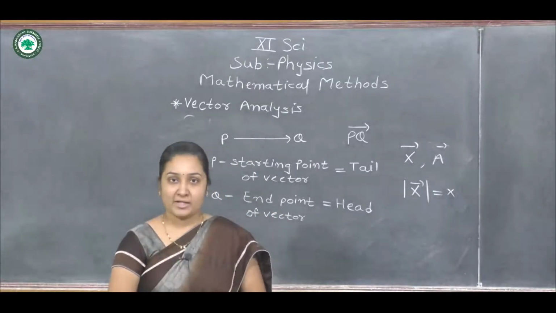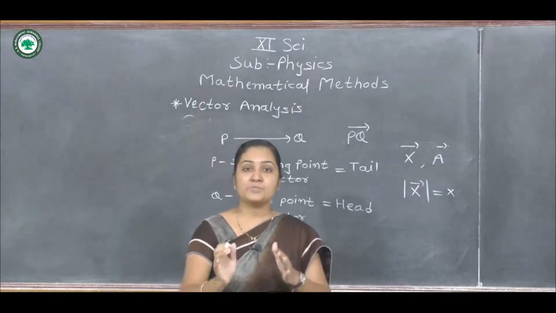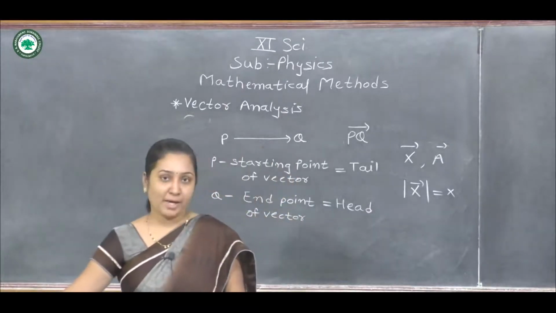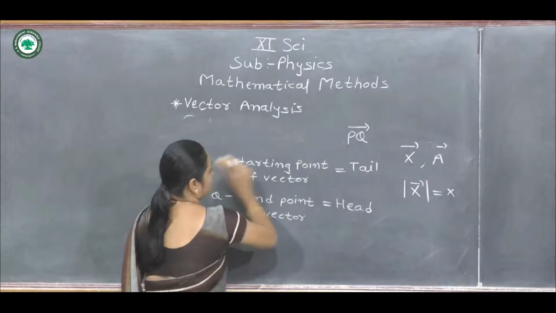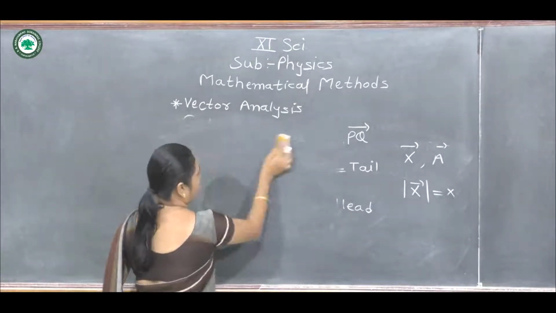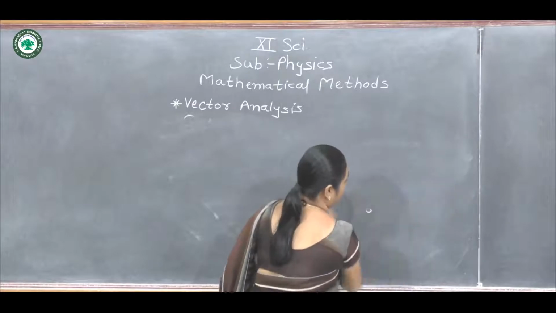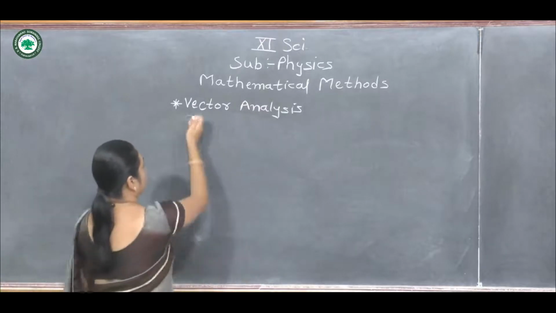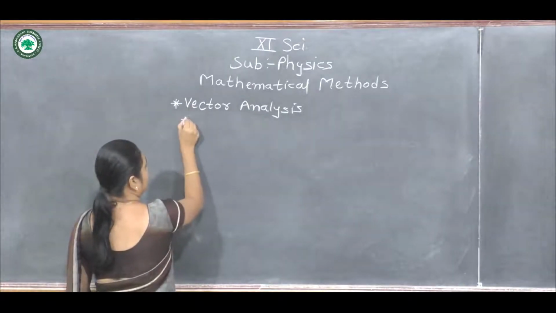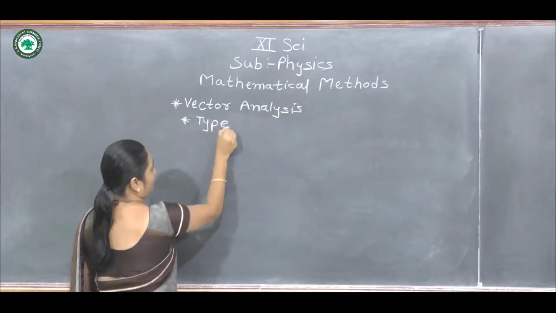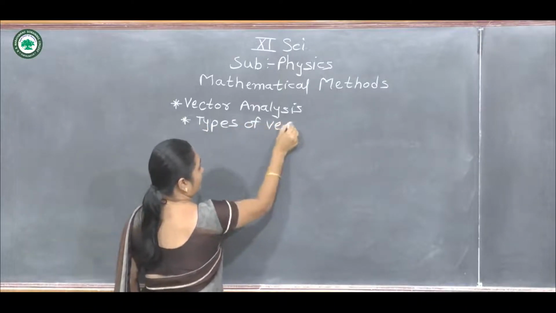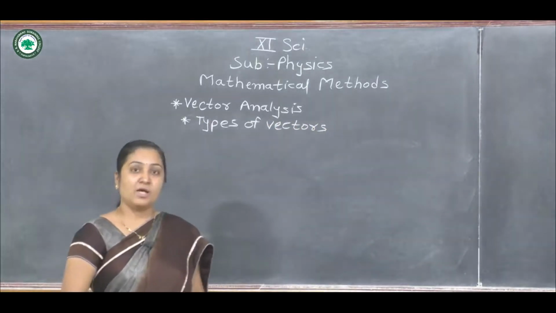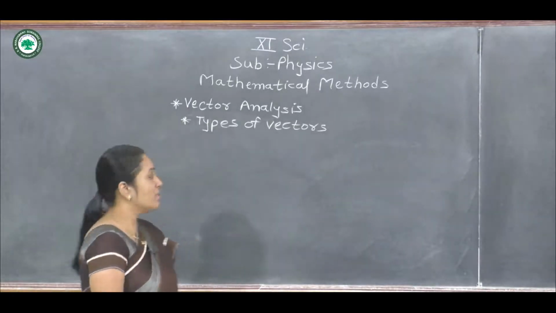Now in case of vectors, there are some types of vectors. We will study the types of vectors one by one. The first type of vector is a zero vector.